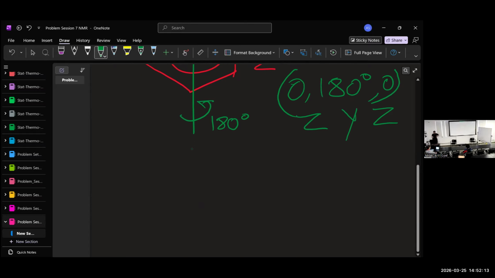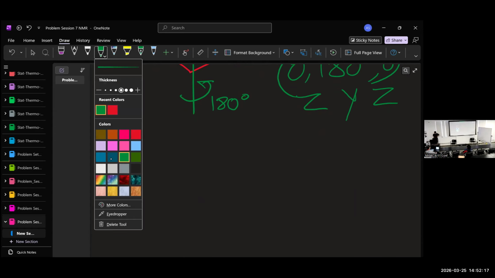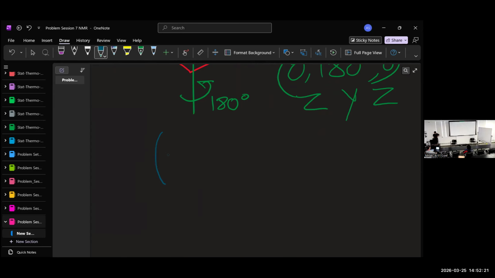I'm going to step back for a minute and tackle a slightly more difficult case. I'm going to assume a general rotation 0, beta, 0, and apply this on a uniaxial CSA.